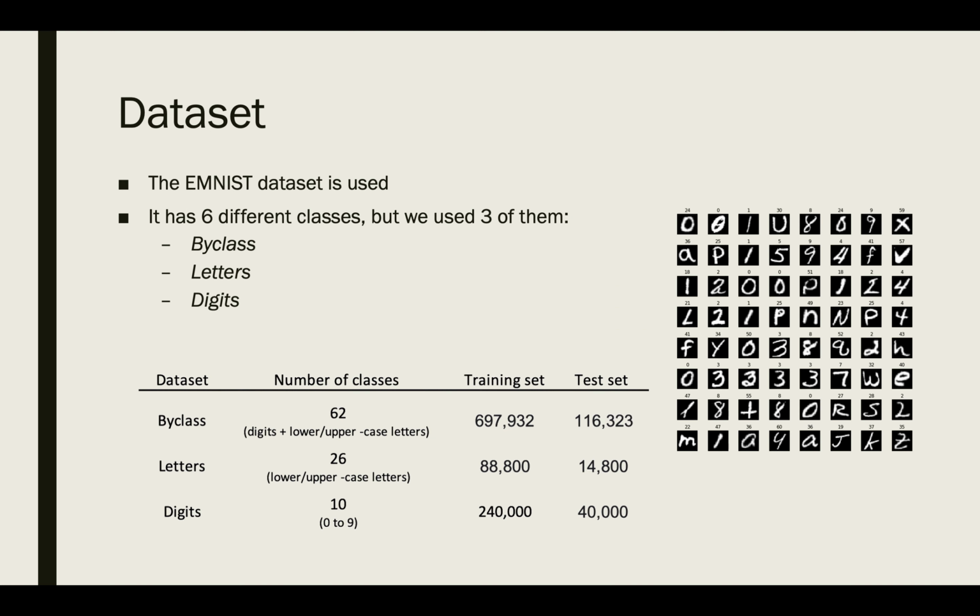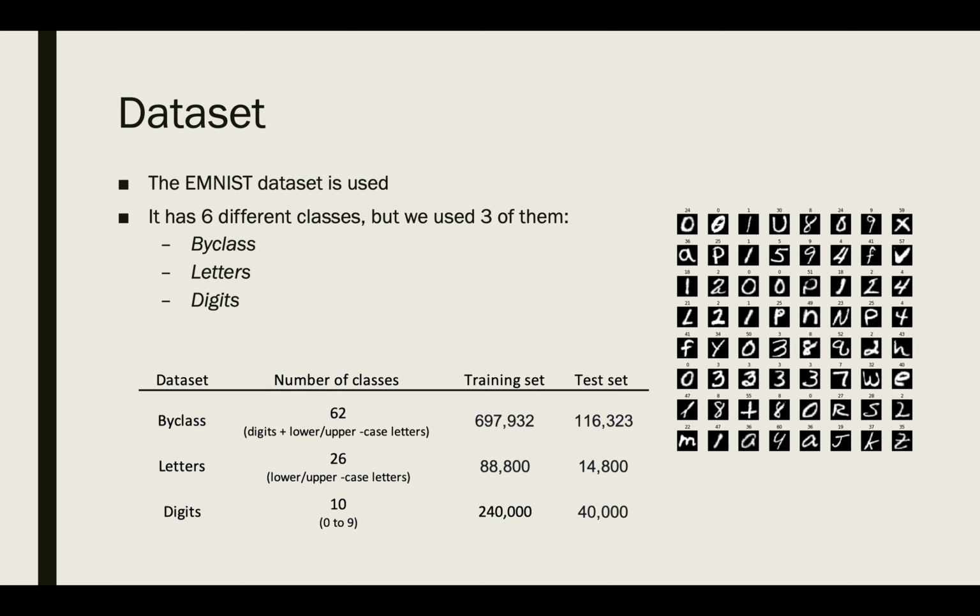The dataset that we are using in this project is the MNIST dataset, and it actually has 6 different classes, but we have just used 3 of them: the by class, letters, and digits. The by class has 62 classes, digits plus lowercase and uppercase letters, and it has the maximum number of elements for both training and tests compared to the other 2 classes of datasets.